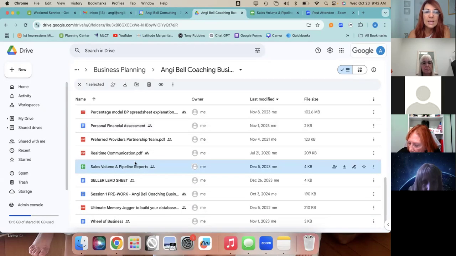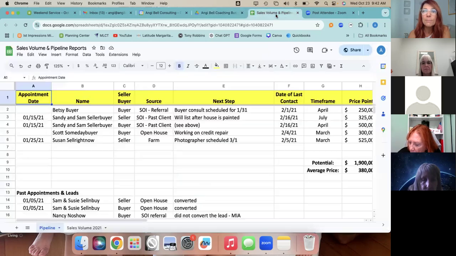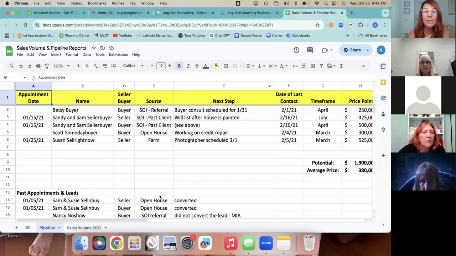But this is the sales volume and pipeline reports. So no doubt whatever company you're with has some sort of a CRM that tracks your production, but I promise you, or I'd be willing to bet, it probably doesn't do it as concisely and as easily as this does.